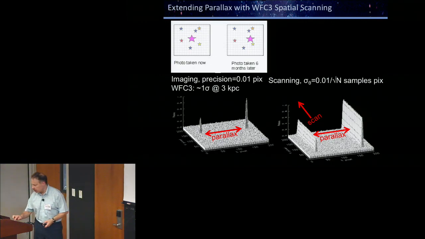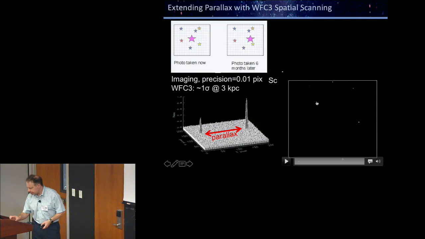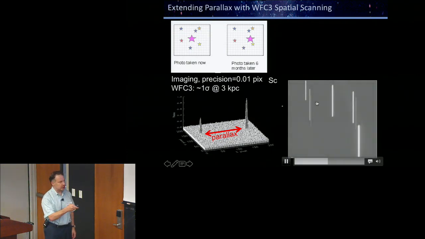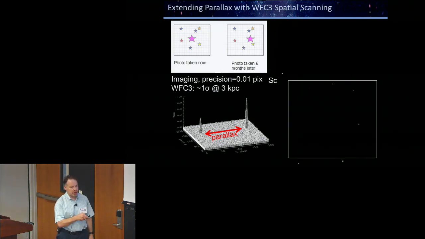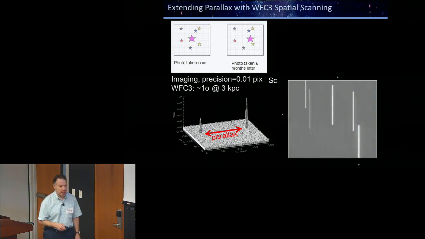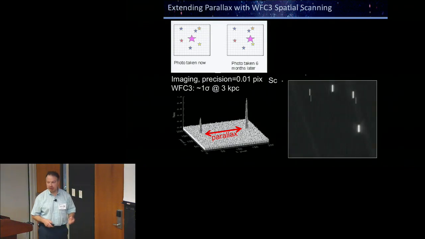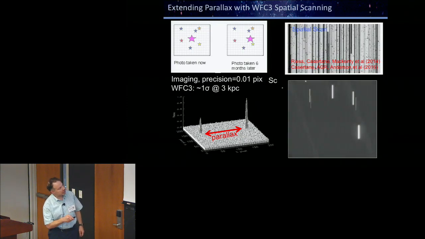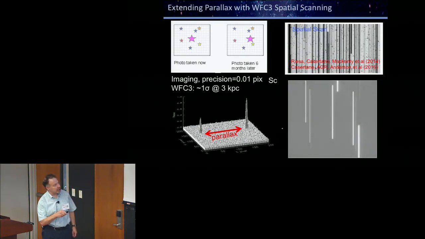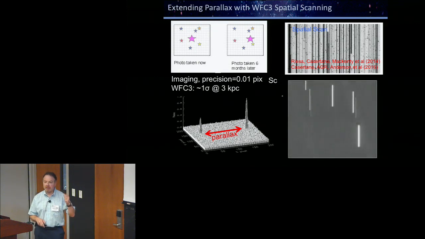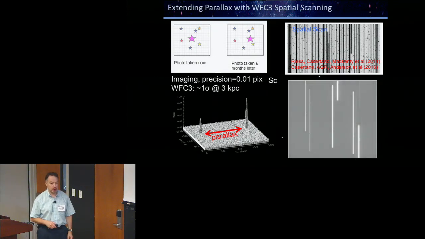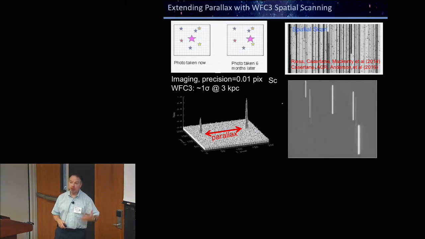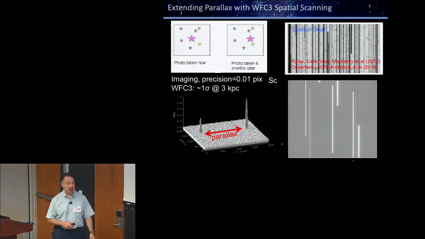And so if you're a little confused about what I'm talking about, here's a tiny little movie, but literally the stars go flying by, and you're comparing pixel by pixel their separation. And obviously you could get much greater precision because you have much greater sampling. And here's a tiny patch of one of these images with the spatial scanning. We actually are just getting a higher information density on our images, where we are lighting up 30% of the pixels instead of 2% of the pixels.